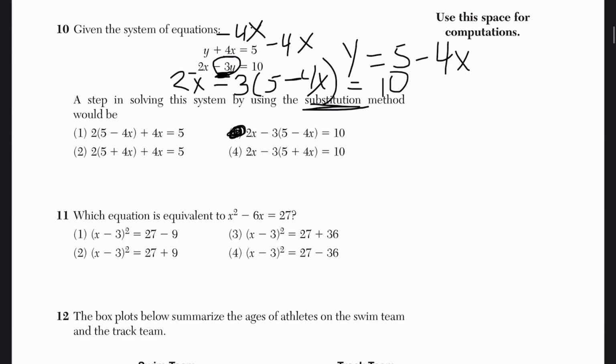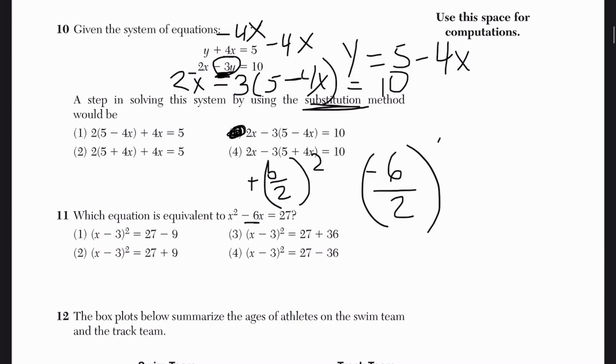Which equation is equivalent to x squared minus 6x equals 27? Oh, so this is a completing the square question, which means we need to add b over 2 squared to both sides. B is negative 6, so negative 6 divided by 2 squared, which is going to be positive 9.